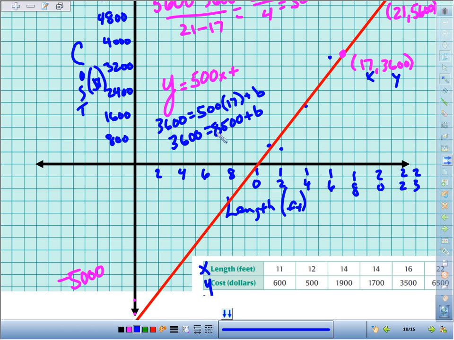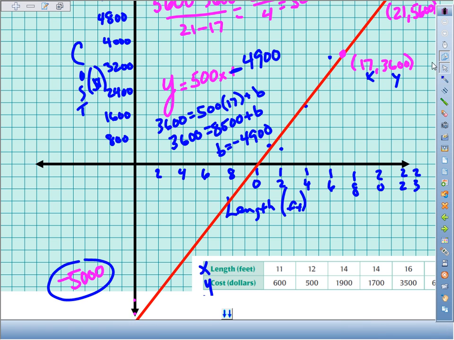So subtracting 8,500 from both sides, 3,600 minus 8,500, I get negative 4,900. So our estimate was actually pretty good down here. All right, my full equation, the slope was 500, the y-intercept's negative 4,900.